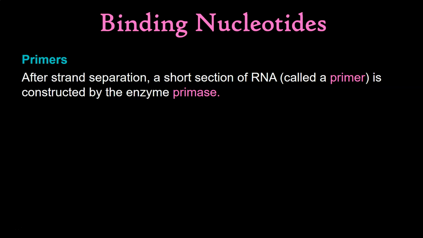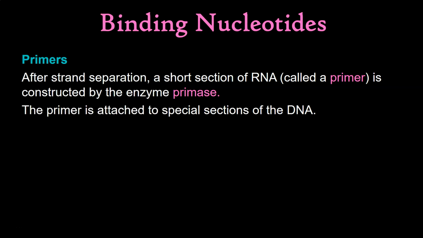So primase is an enzyme. Remember, enzymes speed up reactions but are not used up by the reaction. And primase puts together pieces of RNA to create this thing called a primer. And the primer then gets attached to special sections of the DNA that are ready to receive the primer.